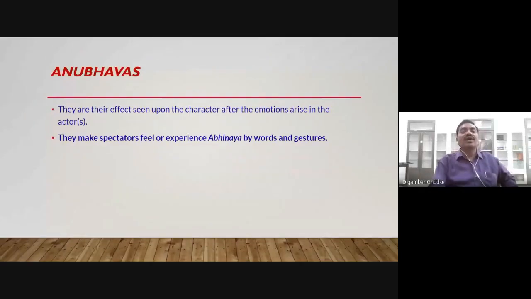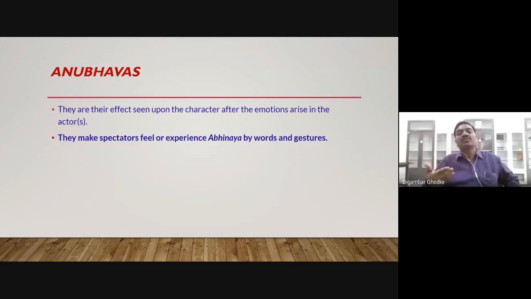Then you have anubhavas. Now, what are anubhavas? They are the effect seen upon the character. Effect of vibhavas. When you smell the fragrance of a flower, when you see the moonlight or beauty, when you feel the soft breeze, whatever effects you experience, you undergo.